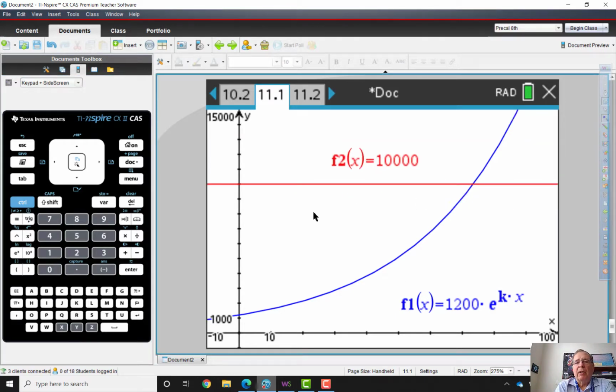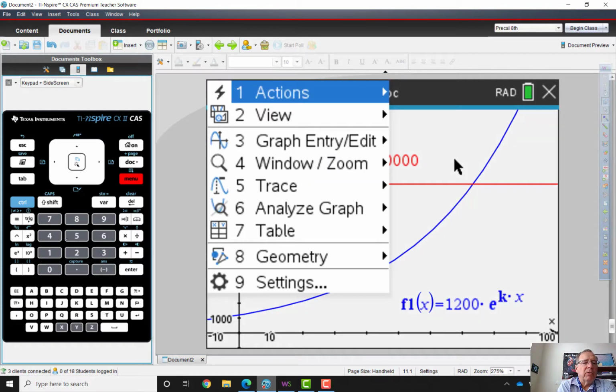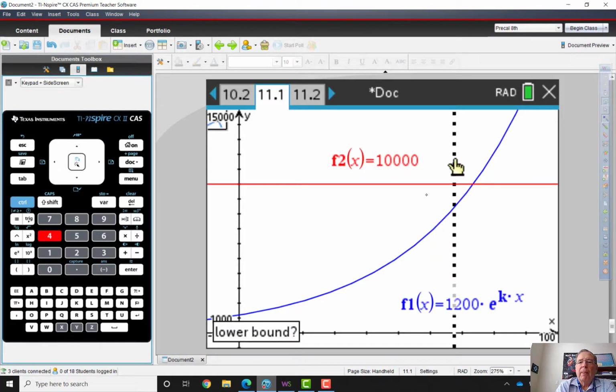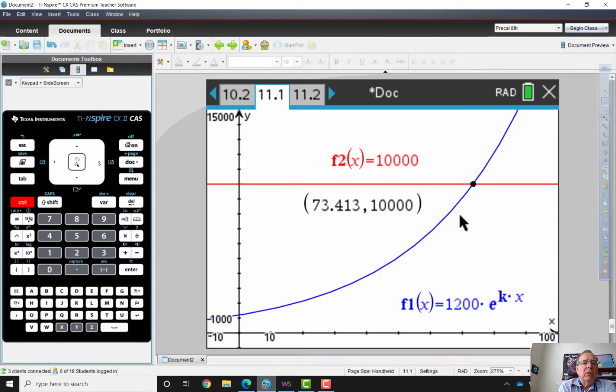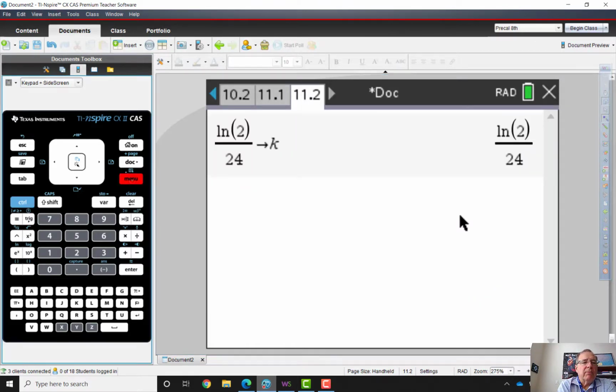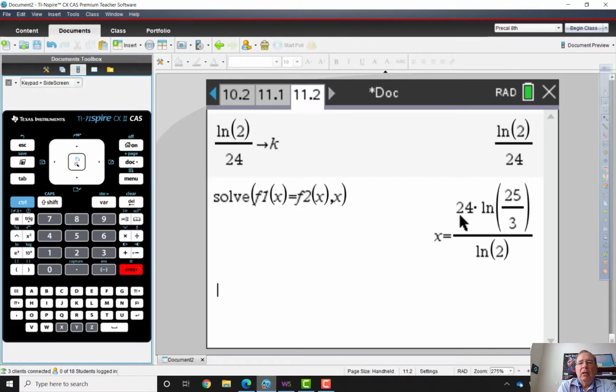And now I can go find the intersection there, menu 6 for lower bound, upper bound, so 72.4. And if we go to a calculator page, menu, algebra 1, so we want f1 of x to equal 10,000, but we already defined f2 as a constant function, 10,000 comma x.